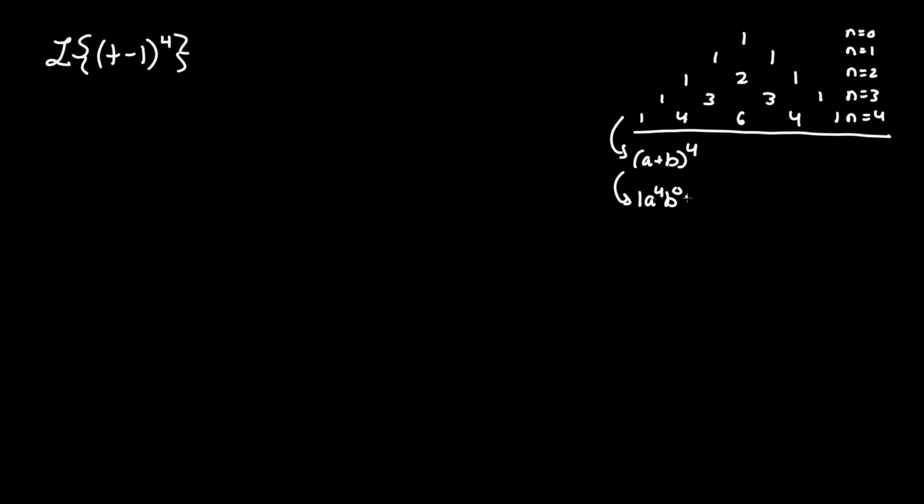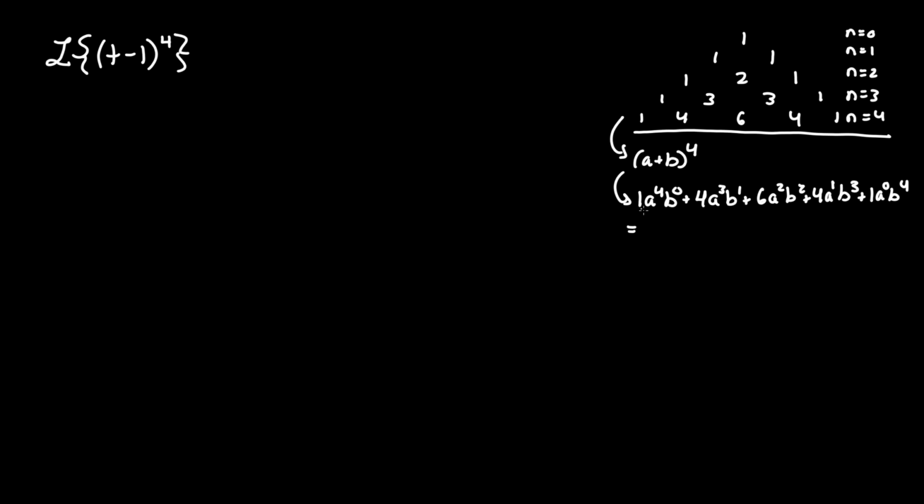So we add the next term, plus 4, decrease a by a power of 1, a cubed, increase b by 1, so it'll become b to the 1, and so on. Plus 4, a to the power of 1, b to the power of 3, and lastly 1, a to the 0, times b to the power of 4.